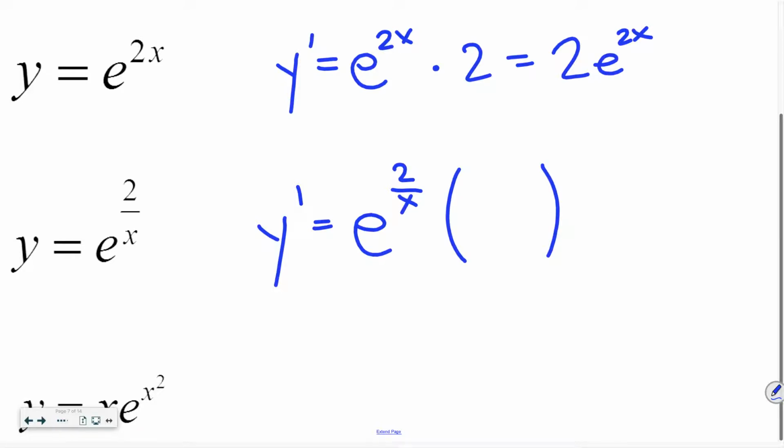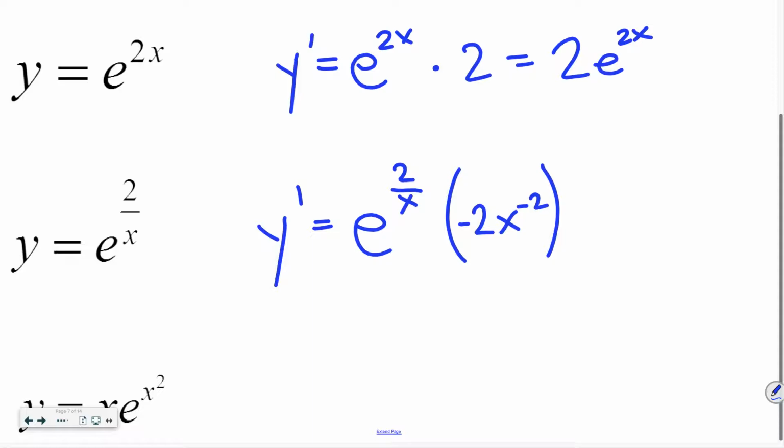Now, if we're going to take the derivative of the inside, which is 2 over x, what would be a nice way to think about that? 2x to the negative 1. And if that's the case, then we can apply the power rule. Drop the power of negative 1, decrease the exponent by 1. Okay, so you can rewrite that to look pretty. You can leave it like that. I really don't care.